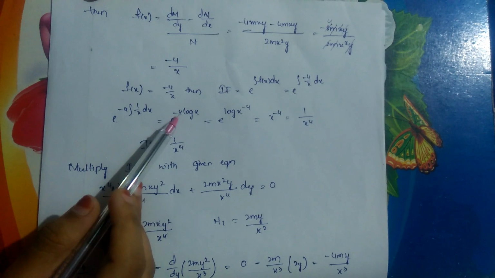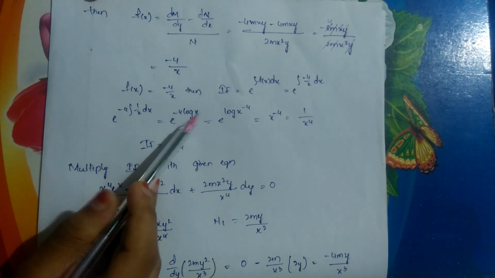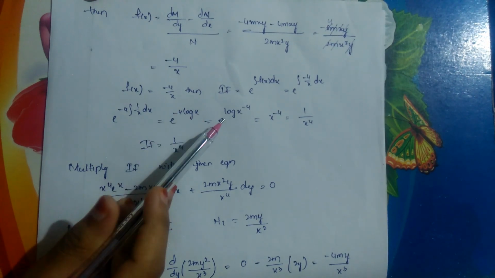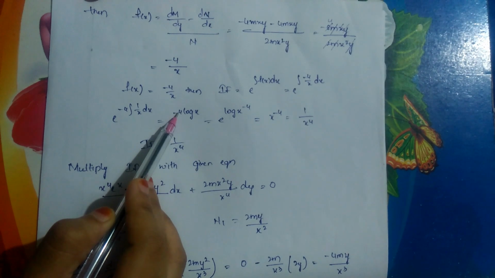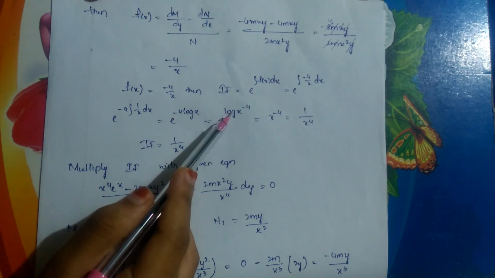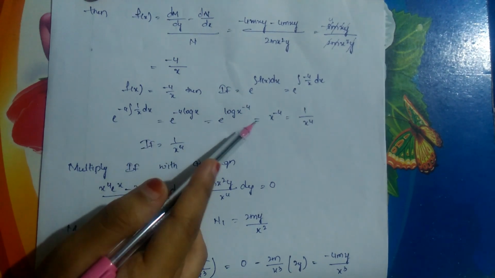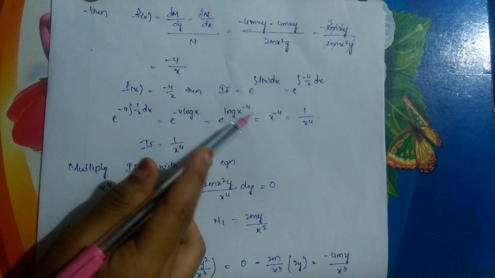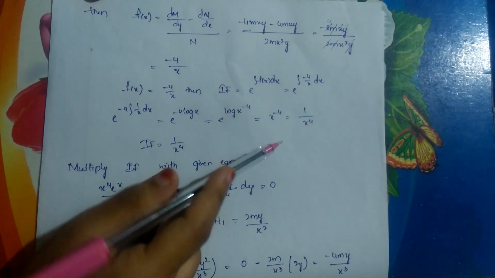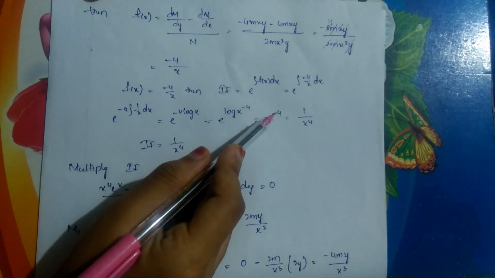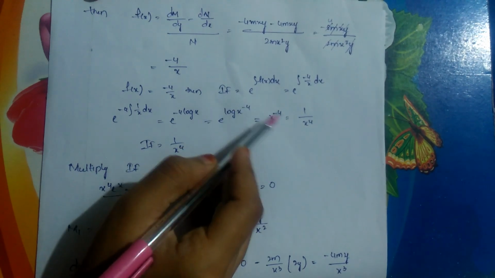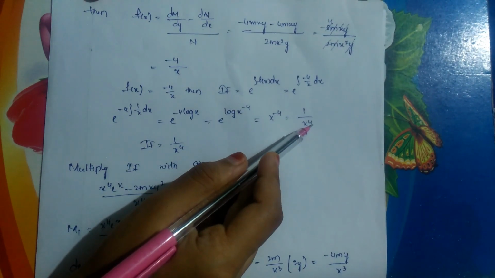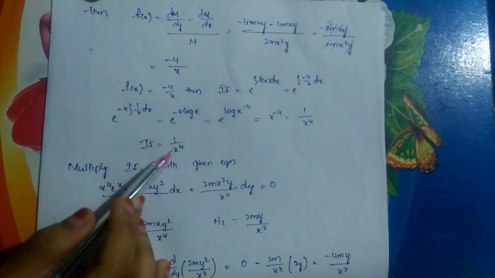Similarly, n log x can be written as log x power n, so minus 4 log x is log x power minus 4. So e power log x power n can be written as x power n, so here x power minus 4, which can be written as 1 by x power 4. So the integrating factor is 1 by x power 4.